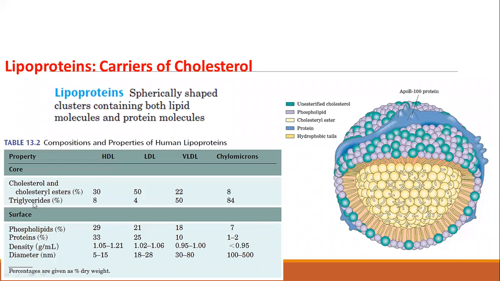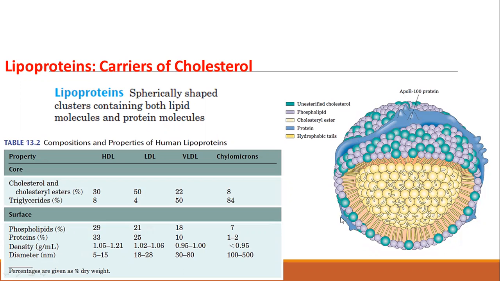Then you have your triglycerides. In your triglycerides, there is the glycerol and the hydrophobic part, which is the fatty acid, the tails of your fatty acid. Okay, and then you have your surface.